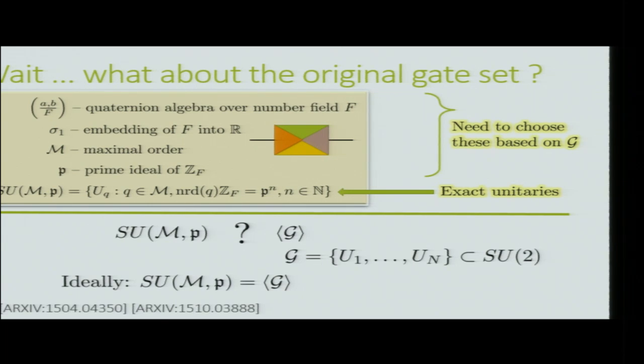If we just start with G, we won't have the structure that helps us. So the question is, suppose we follow some guiding principles, how can we pick M and P using G?